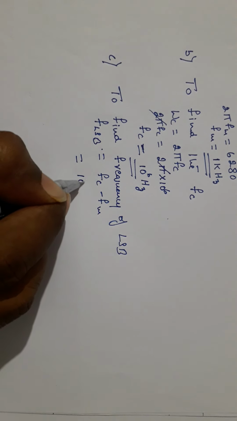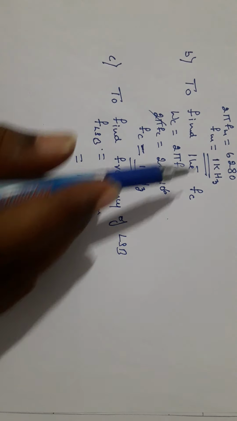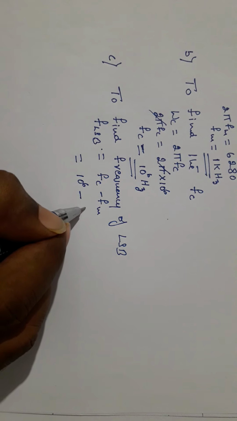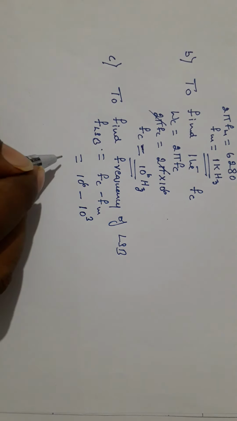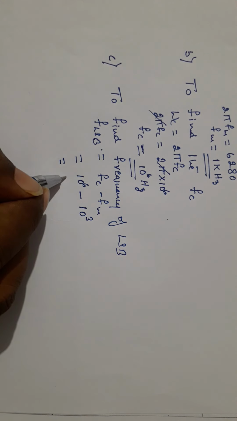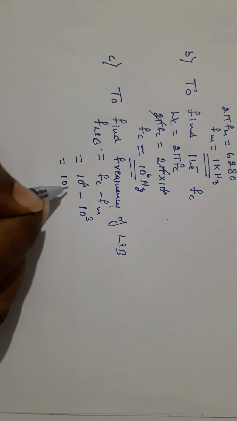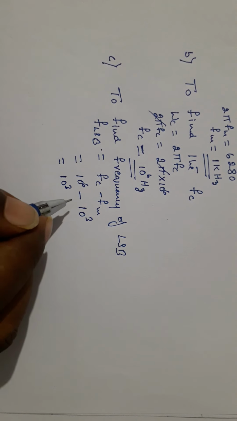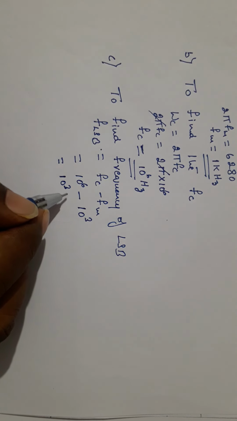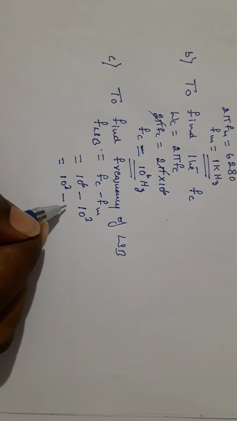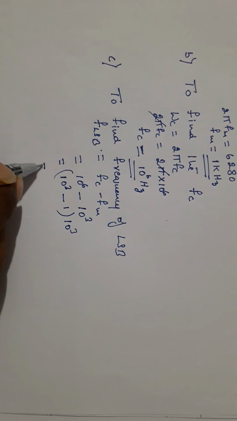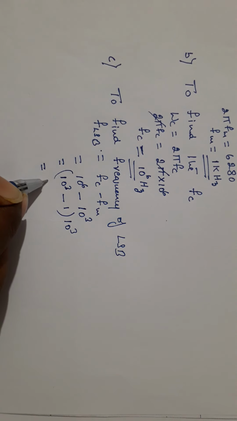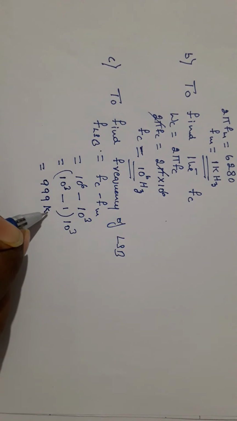Fc equals 10 raised to 6 minus Fm, which is 1 kilohertz, that means 10 raised to 3. Taking 10 raised to 3 common, minus 1 into 10 raised to 3, that equals 999 kilohertz.